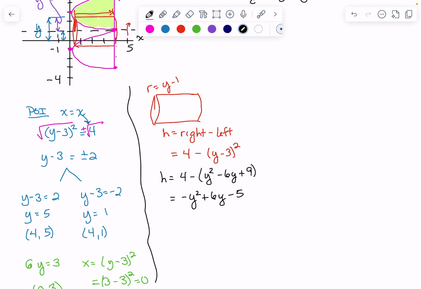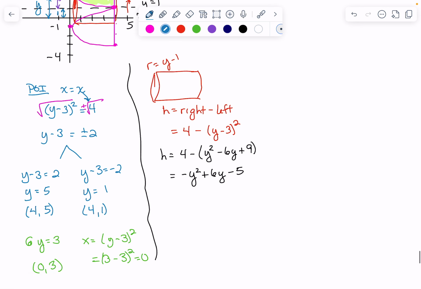Okay, so area. Let's put a little blue there. We have a line to separate things. All right, so my area, in terms of y, is going to be equal to 2 pi r h. That's equal to 2 pi times y minus 1 times my negative y squared plus 6y minus 5.